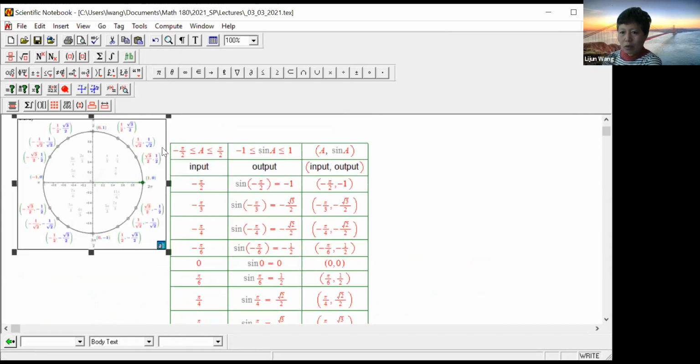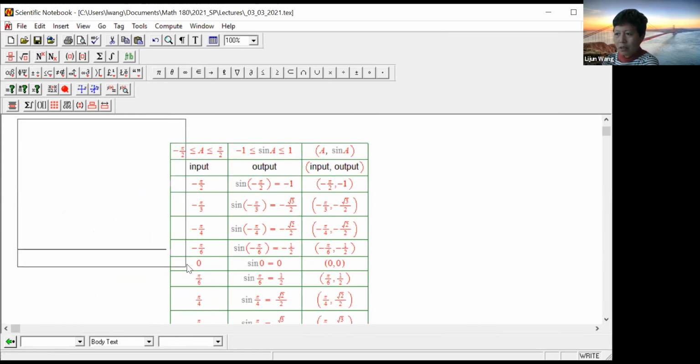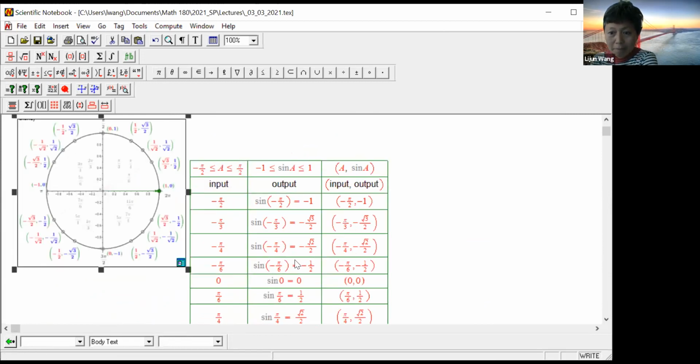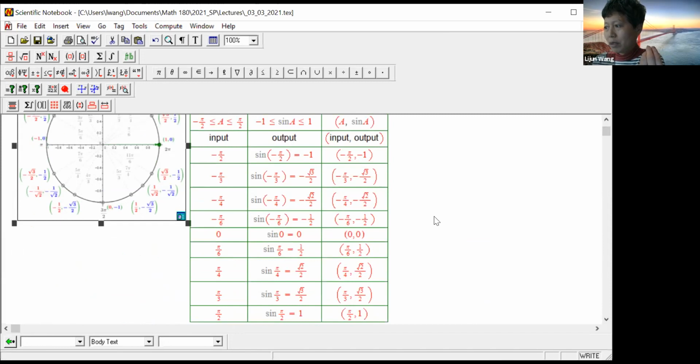Here's the unit circle, and here's the table we made for the truncated sine. Even though we rarely use it, since we use it today, let's make it thorough.